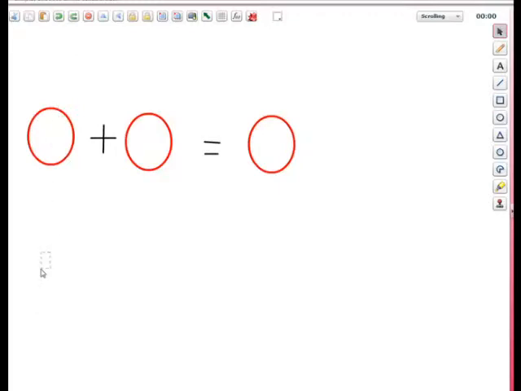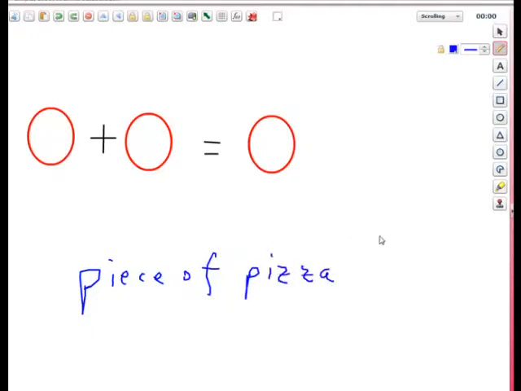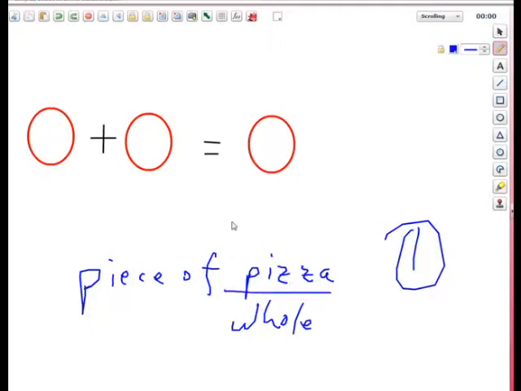It's simply a piece of a whole. It could be a piece of a pizza, it could be a piece of a car, it could be a piece of a number. Okay? A fraction is simply a piece of a whole. You can see from the piece of pizza that probably I'm hungry right now.